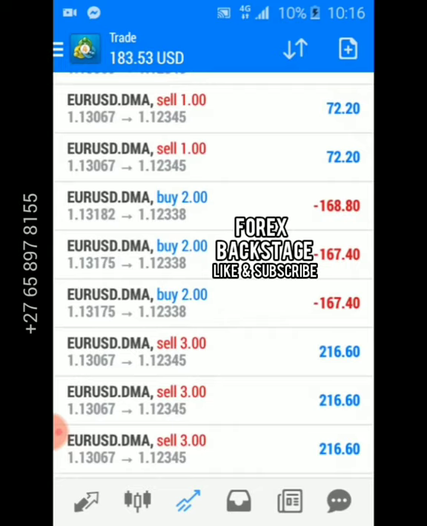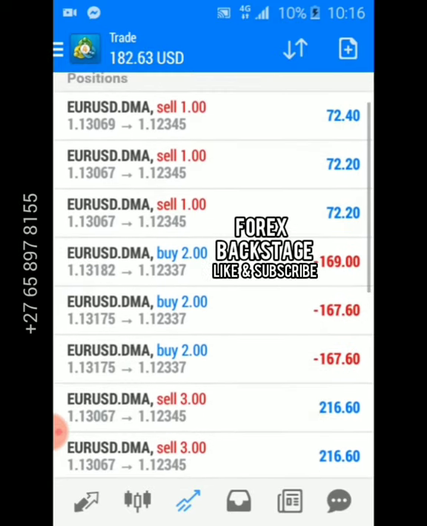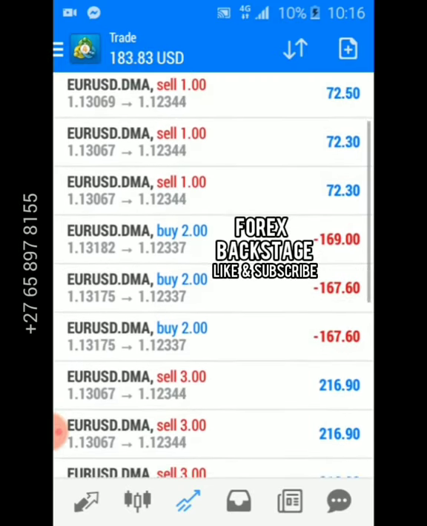When my pattern is like this, it means that now I can exit the market, because the pattern is safe. The only way you can see that the pattern is safe is when you go to the history, you must see the profit.